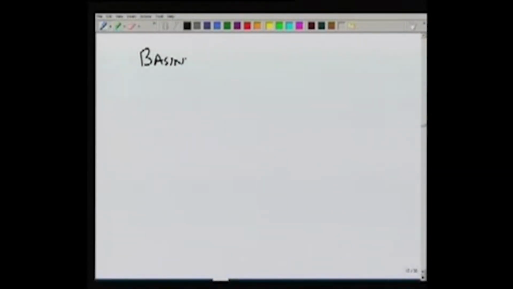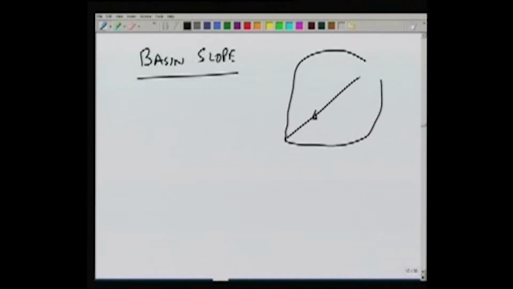The next factor we would look at is basin slope. Basin slope will affect the time of overland flow. So if there is a channel and the catchment area, the time it takes for a drop of water to travel from B to C will depend on the slope of the basin.